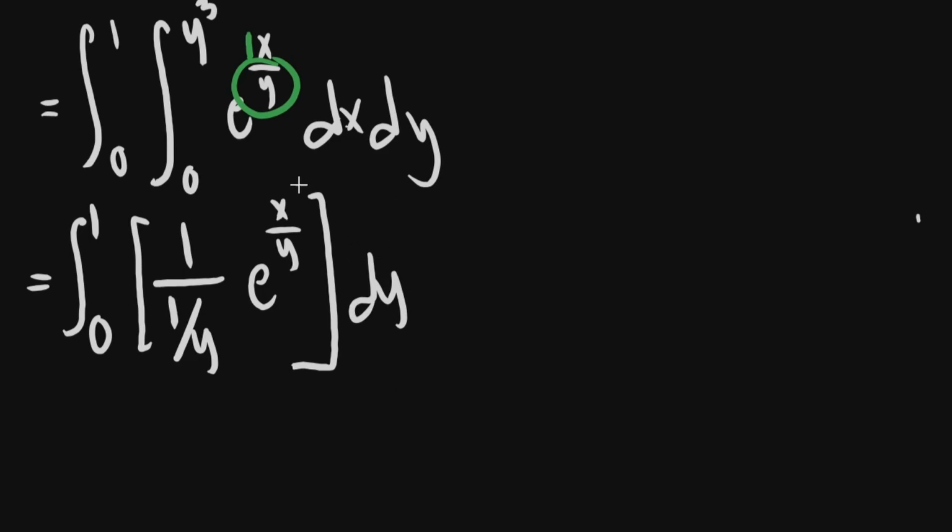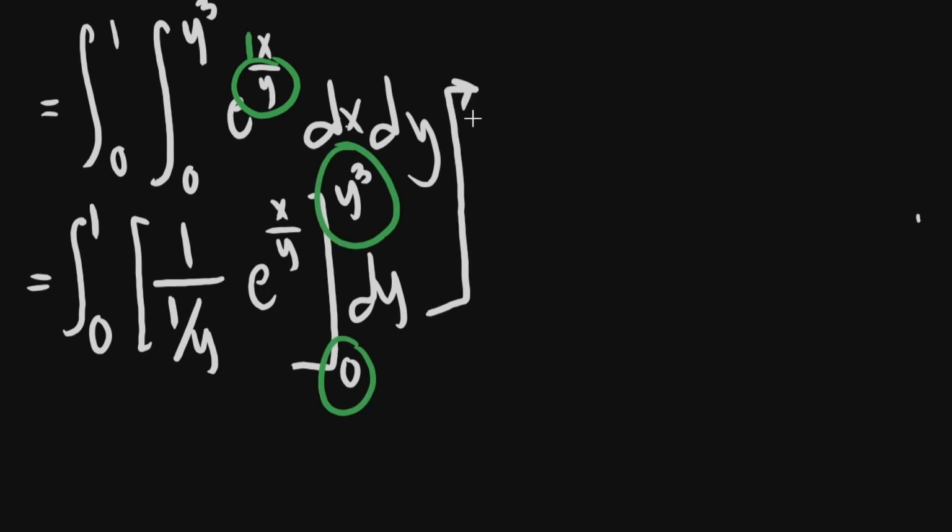So dy, y cubed over 0. And then we just need to substitute the y cubed and the 0. Let's simplify this first. So that should equal y.